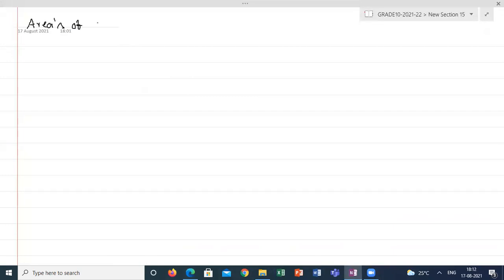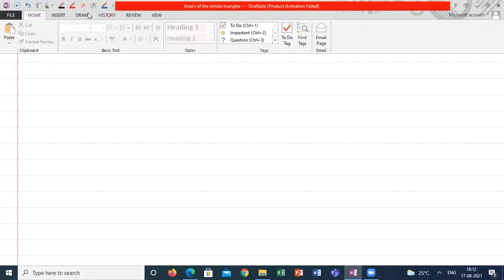Areas of the similar triangles. It's very simple. Suppose I have two similar triangles, that means I am confirming the given two triangles are similar.